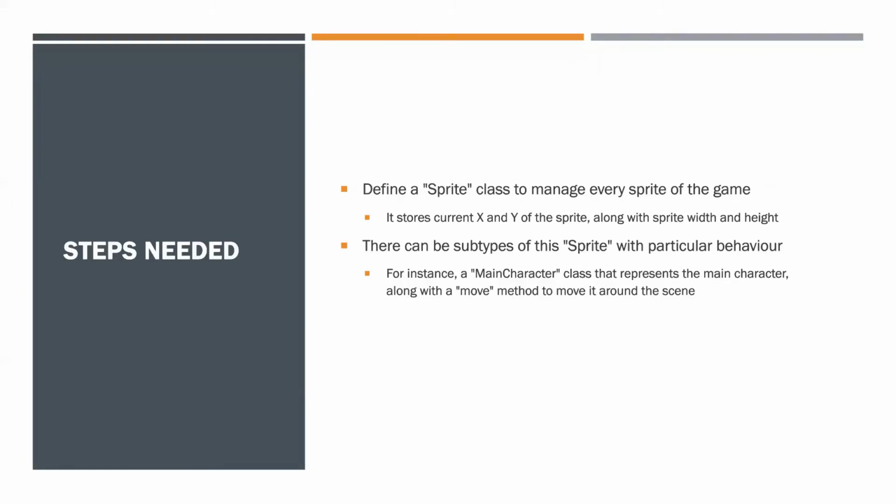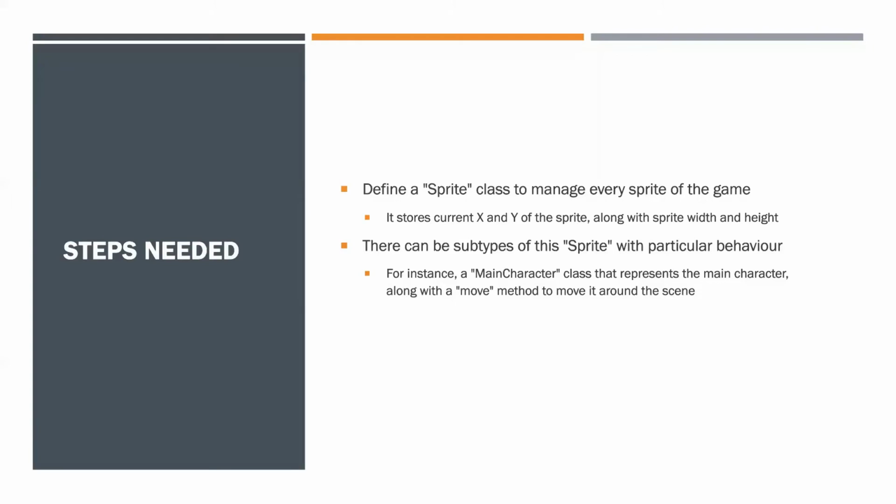In this case, we need to store the current x and y coordinates of the sprite in the scene so that we can press any arrow, left arrow or right arrow in our case, and automatically update these coordinates to draw the image, the bear in this case, in the appropriate position.